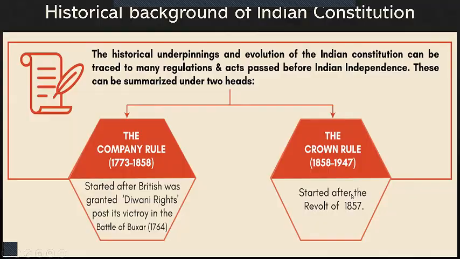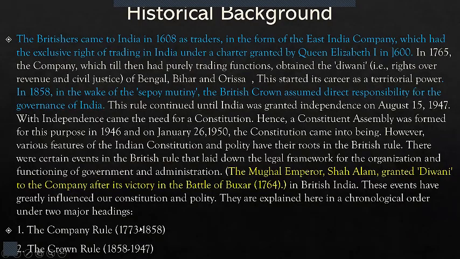These events have greatly influenced our constitution and polity. The Britishers laid the foundation of how a governor is going to work and how civil servants are going to work. We are going to study everything in detail in our constitution and polity.